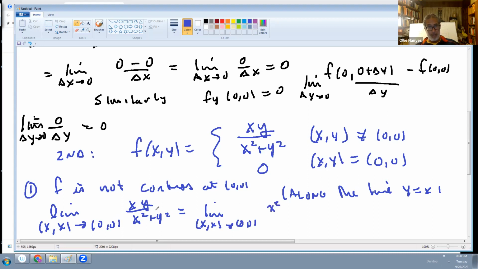And we have x squared on top because we plug in x for y. On the bottom, we have x squared plus x squared.